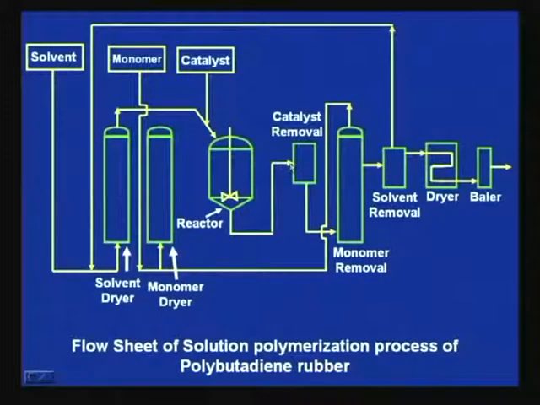Then that catalyst needs removal. After removing the catalyst from the polymer, the monomer is removed, solvent is removed, and both are recycled to the silos, okay. Silos are not shown over here. So, the unreacted monomer and solvent are collected from the polymer and recycled for reuse.